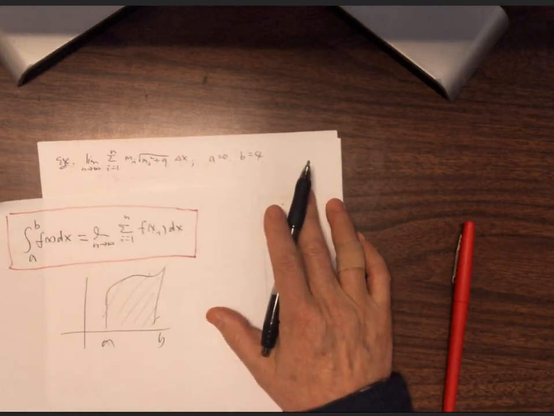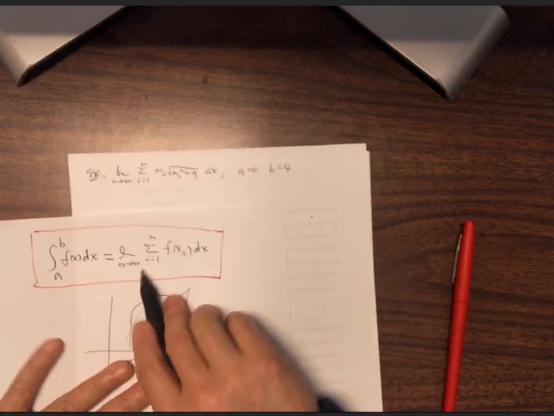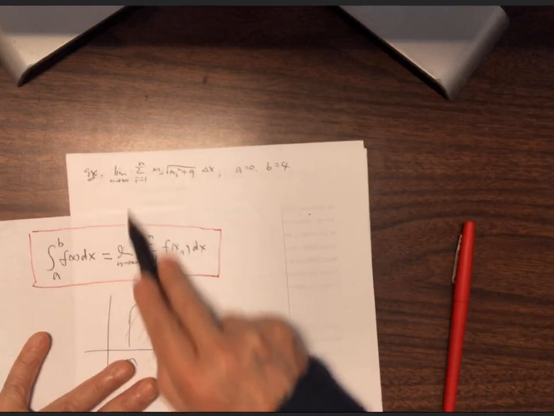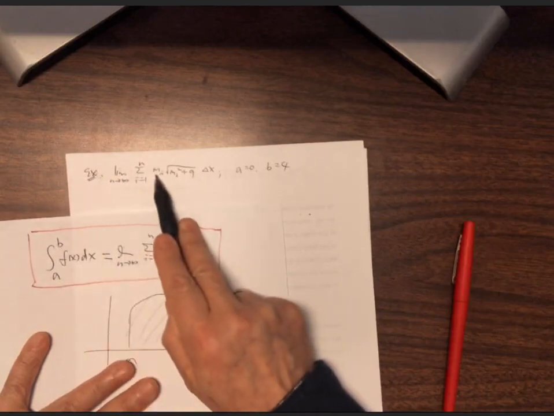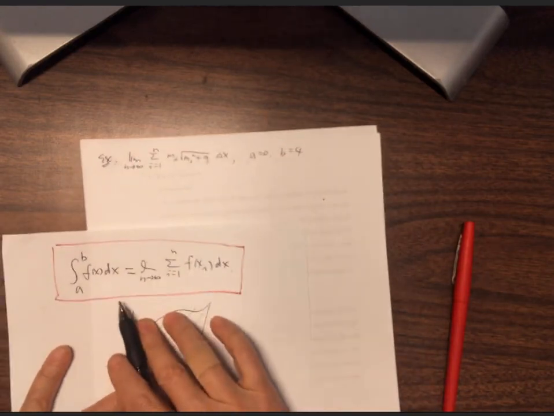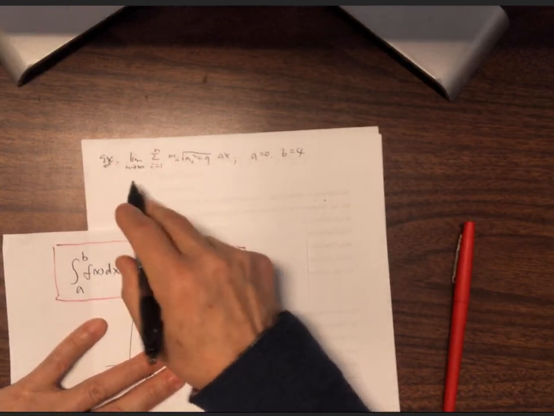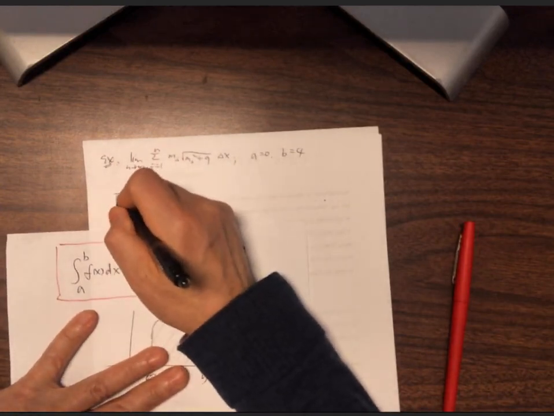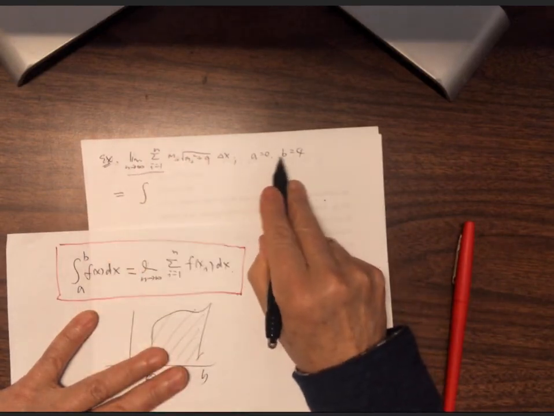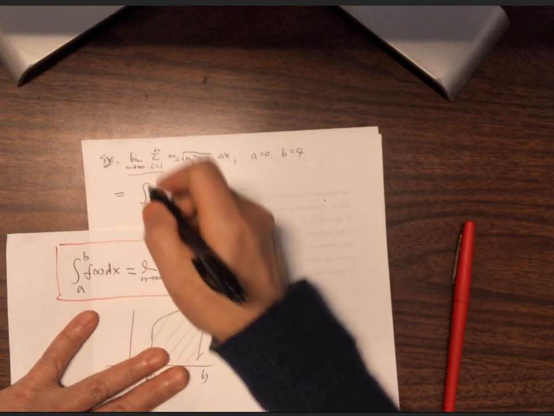Well, how do we do it? Let's put this right underneath. What we'll do is turn the limit summation into an integral, and this is the function, this is the delta x or dx. So according to the formula here, this limit expression becomes an integration from a to b, 0 to 4.